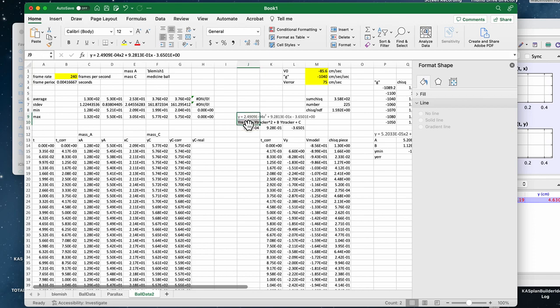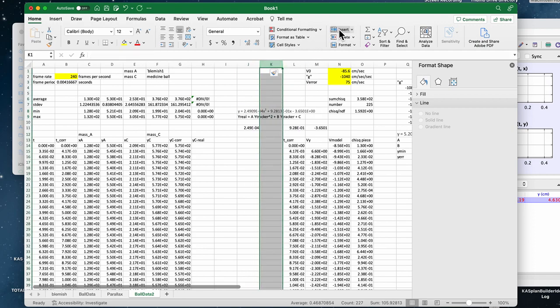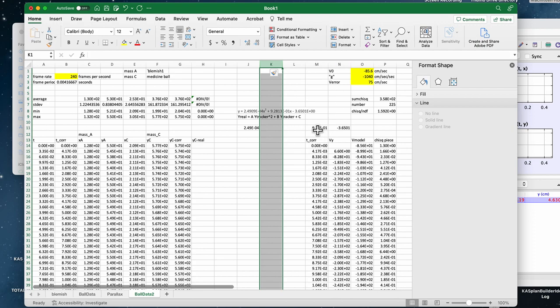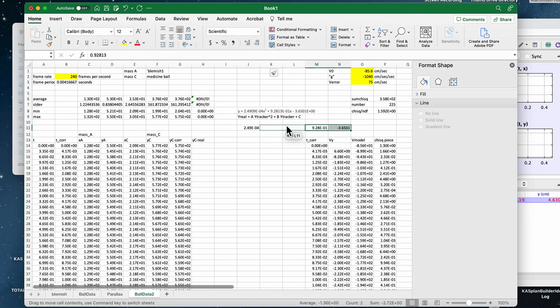We could copy this up to here, and we could insert a couple and then pull this over.